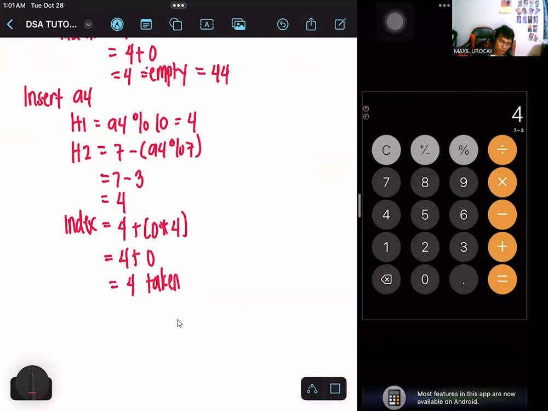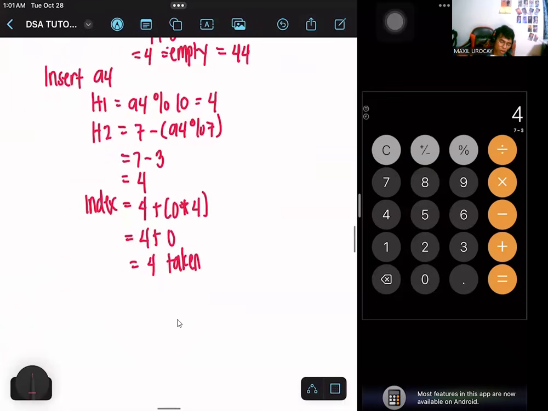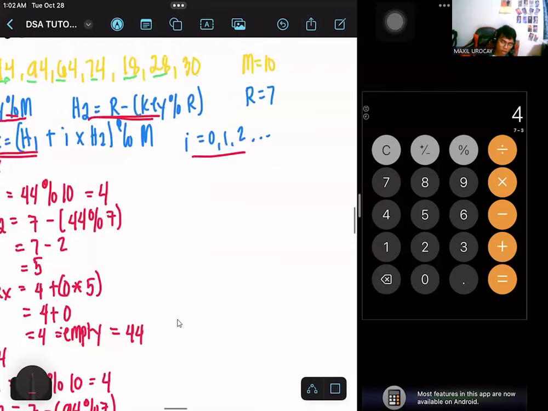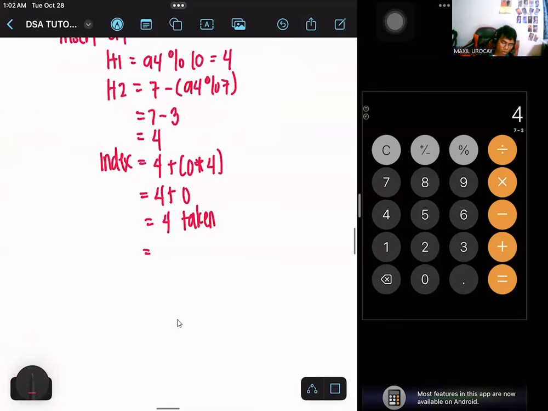So of course, you will run through this again. Your i was set to 0 earlier, so we're going to increment that. It will become 1 times 4, so 4 plus 4 equals 8.